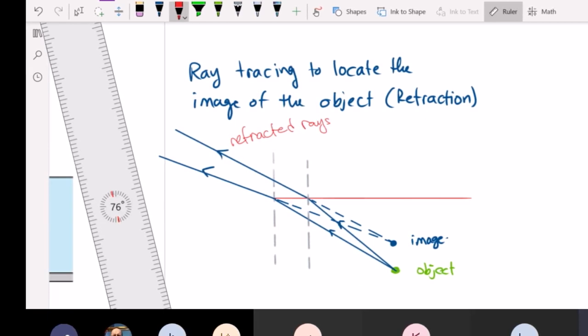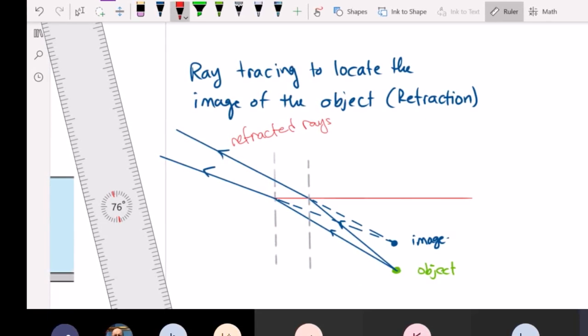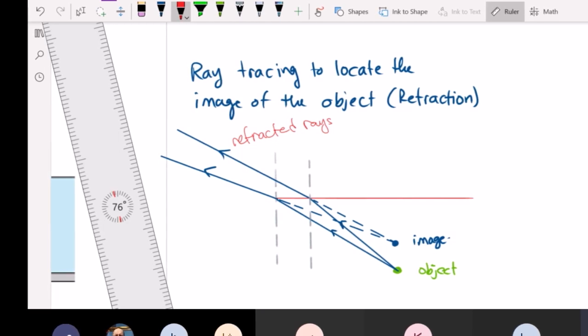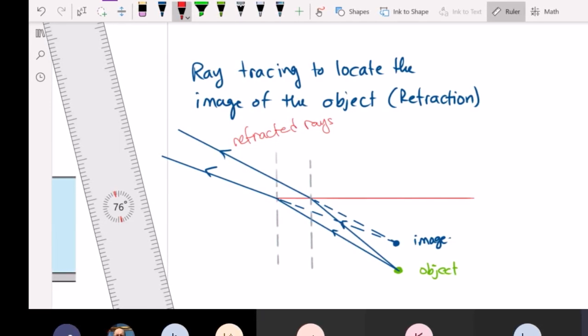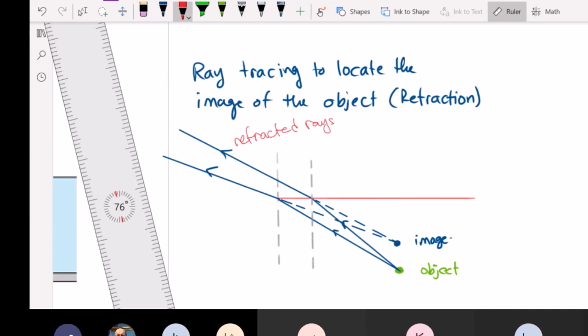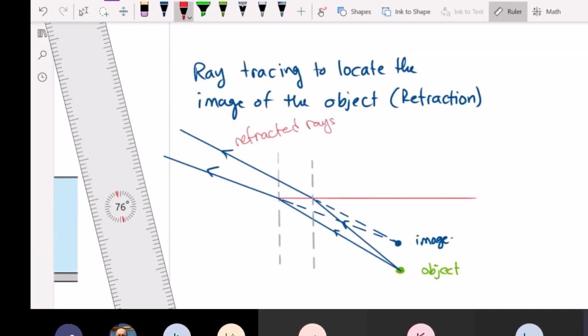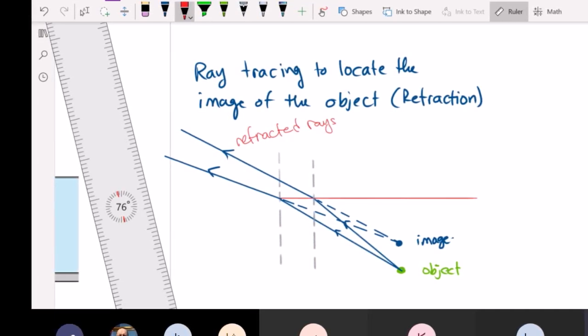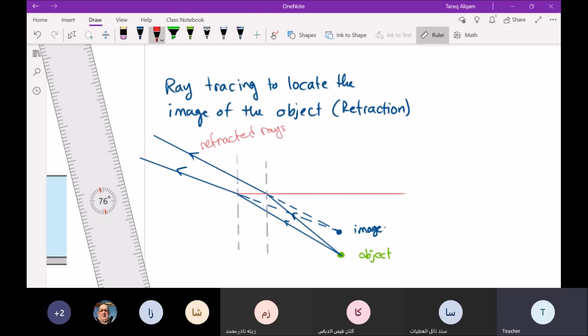So again, let me make a summary of what I did. First of all, I draw the possible position for the image. It should be above the object. Then draw two rays from the object at different positions, a high position and another high position, right? Then draw a normal.